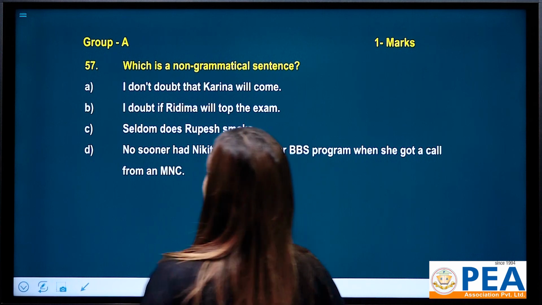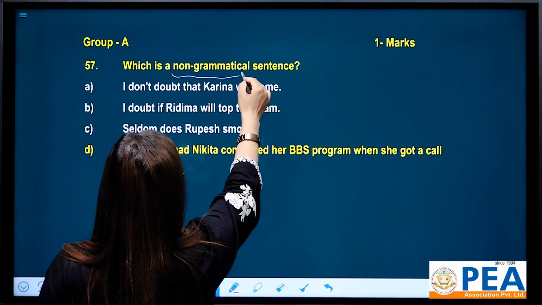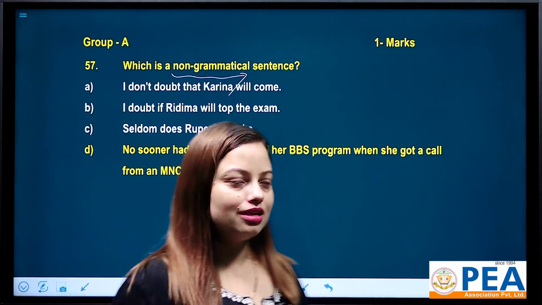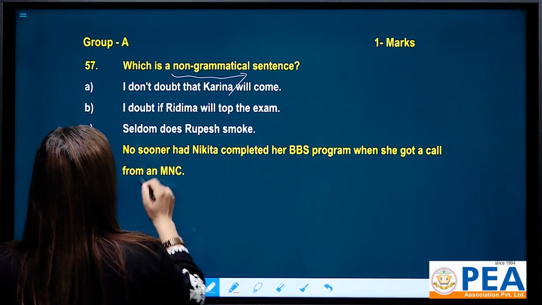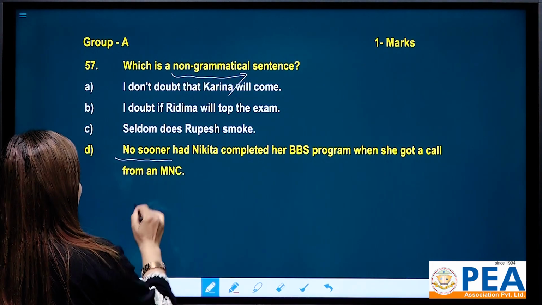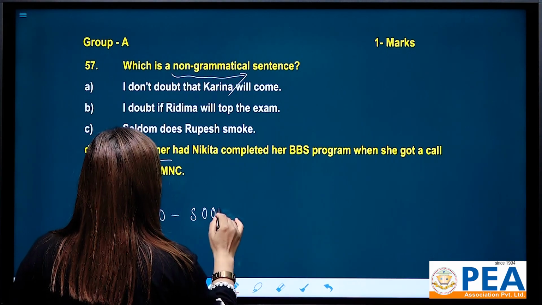So let's find out. Actually, which is a non-grammatical sentence? Alright, among these 4 sentences, option number D is the non-grammatical sentence, because no sooner is a correlative conjunction.